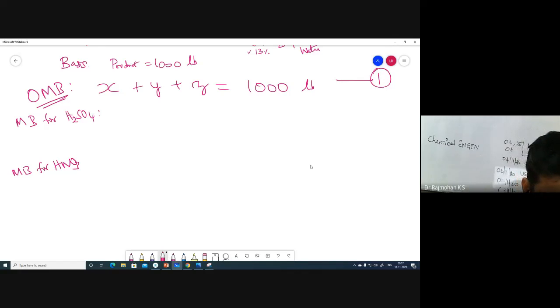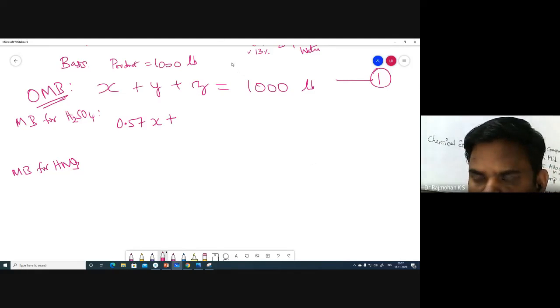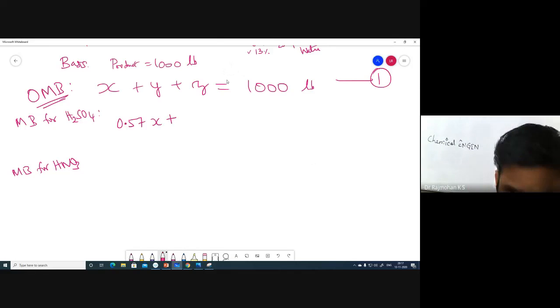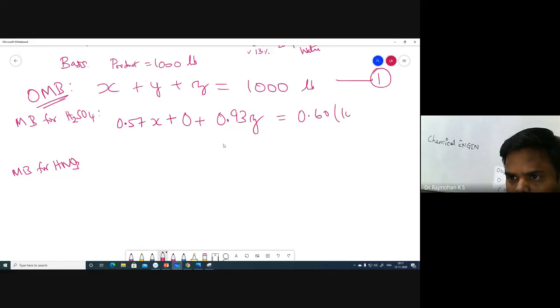The respective composition in the feed, it is containing 0.57, right? 0.57 X plus, in Y, the amount of sulfuric acid is 0, plus 0.93 Z equal to, the product contains 60% sulfuric acid, which is equal to 600.